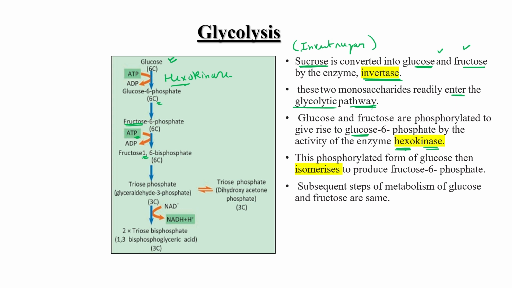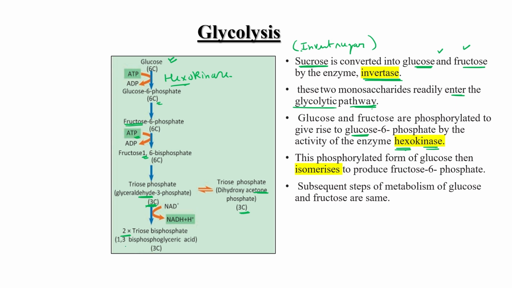Okay, and then fructose 1,6-bisphosphate is converted into 2 molecules of 3 carbon: glyceraldehyde 3-phosphate, which is an aldehyde, and another, a ketone, dihydroxyacetone phosphate. This is 3 carbon and this one is again 3 carbon. Okay, and then these two molecules can convert to each other, so that's why it is written over here: we can write 2 into the next type of molecule, triose phosphate.